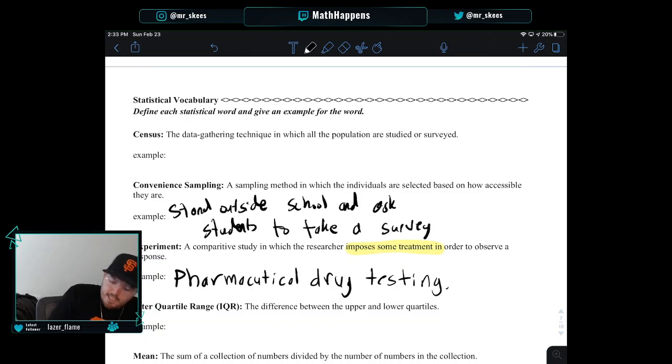What about the kids that are being dropped off? If I'm standing in the parking lot, what about all the kids that are being dropped off by a bus? If I'm standing out in the front doors, which is where a lot of kids walk in if they walk to school, well then what about the kids who rode the bus and drove to school, right? It's just convenient for me to stand in one spot, but I'm not really reaching every type of student.